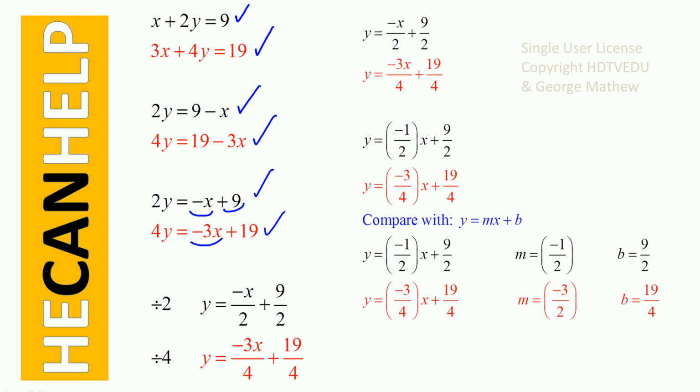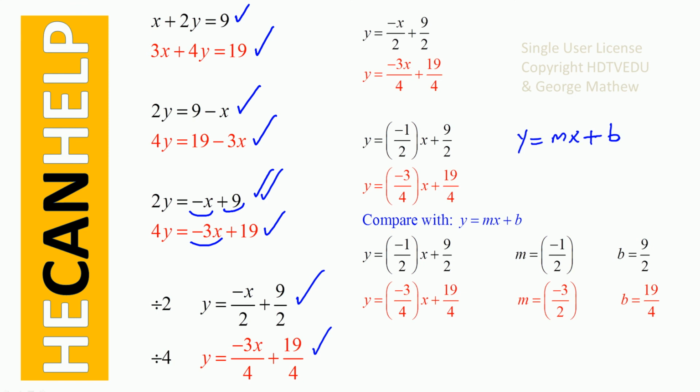Why? Because we want to make the equations look like y equals mx plus b. When you divide this equation by 2, you get y equals negative x over 2 plus 9 over 2. When you divide the second equation by 4, you get y equals negative 3x over 4 plus 19 over 4.